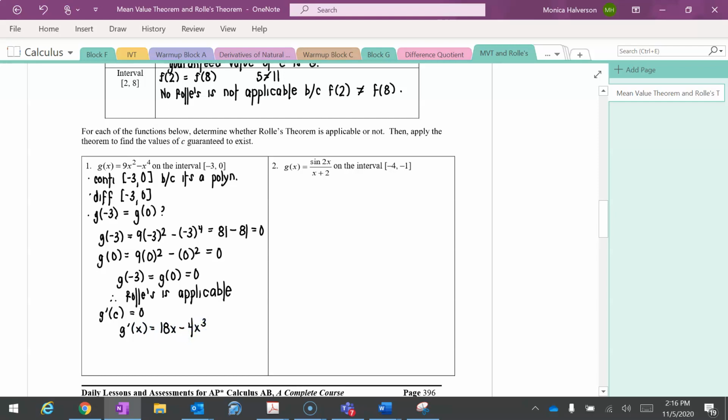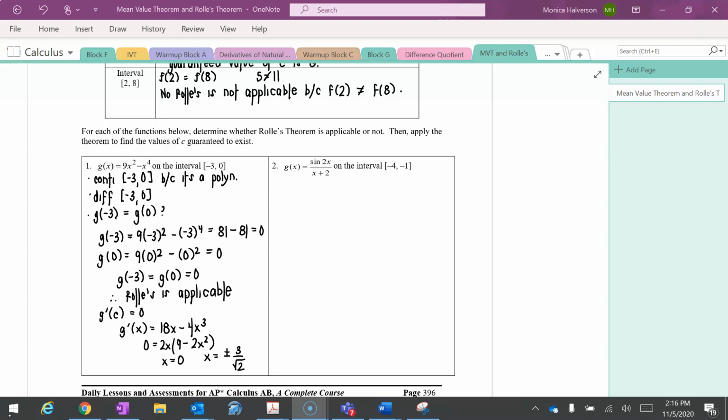All right, and then we're going to set that equal to 0. We're going to factor out, and I get x equals 0, and I get x equals plus or minus 3 over the square root of 2. So that's 3 different possibilities as an answer.